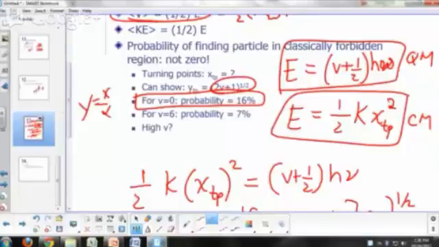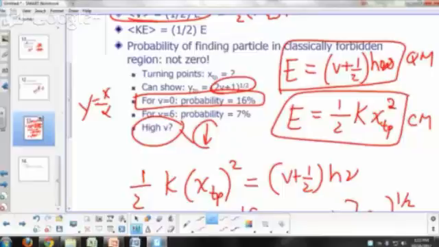Classical mechanics says beyond the turning points, you can't find the particle, so 0 probability. Quantum mechanics says no, there's a 16% chance if v is 0. If v equals 6, there's a 7% chance. Generally at high v, that probability drops.